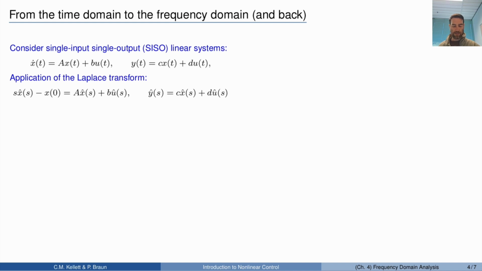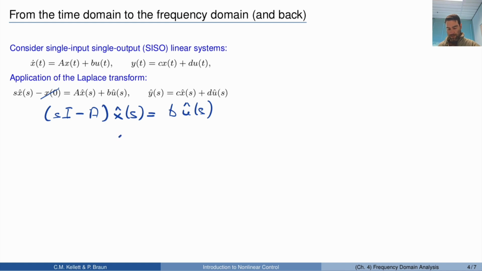Under the assumption that x(0) is equal to 0, we end up with the expression (sI minus A) times x hat of s is equal to B u hat of s. So that's simply rearranging the first equation and assuming x(0) is equal to 0.